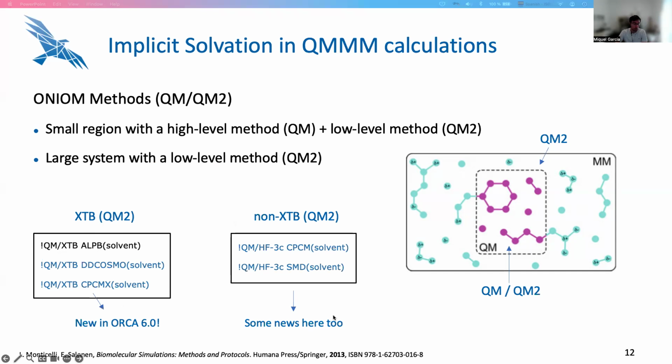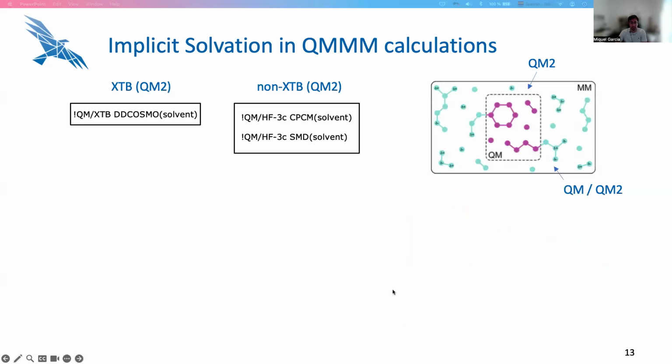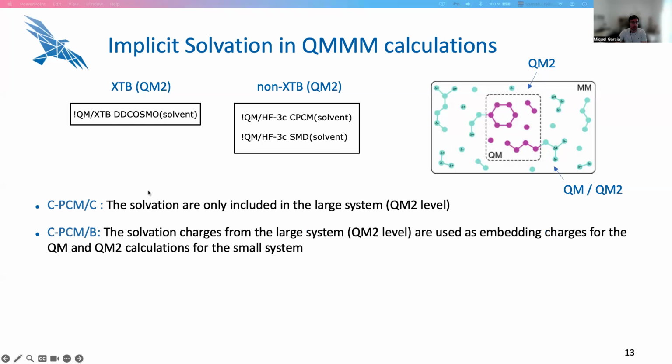And here we have also done something in ORCA 6. Let's see what we have done. So if we have DD-COSMO for XTB or CPCM or SMD for non-XTB, in ORCA 5.0, if we consider the big system, you would have the CPCM charges here, but these charges would not be used for the small system. This is the so-called CPCM-C model.